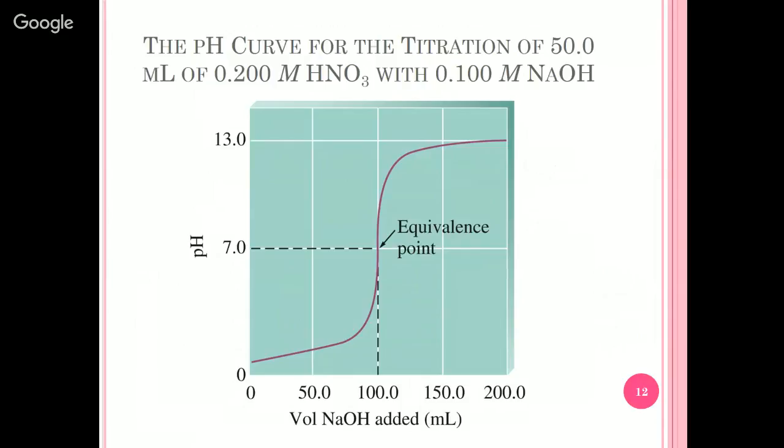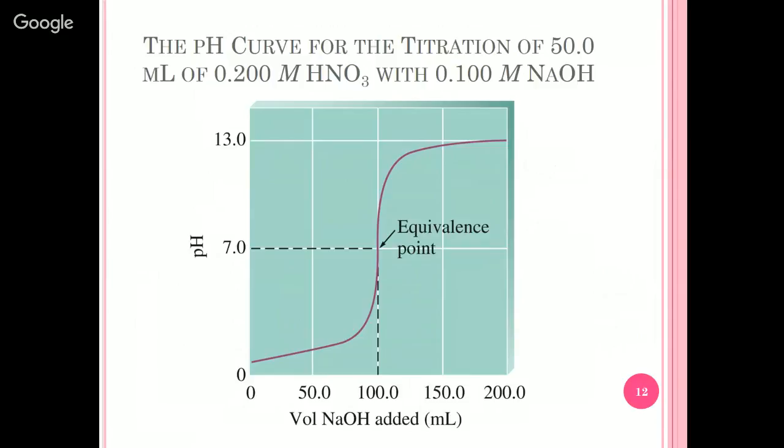So we will look at 3 different types of titrations. One is when you have strong acid and strong base. Regardless of whether you're starting with a strong acid or a strong base in your flask, your pH at the equivalence point will always be neutral. That is because they are strong acids and strong bases, which means that we are not producing anything in the solution that can potentially react with water to create hydronium ions or hydroxide ions.